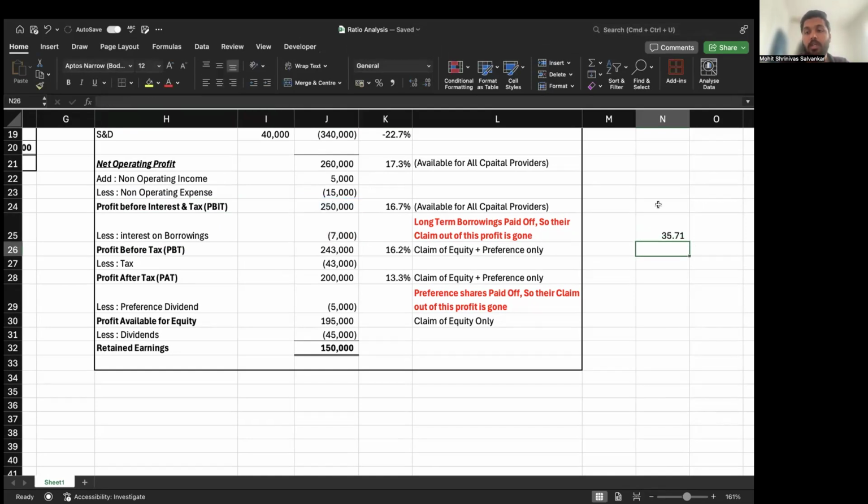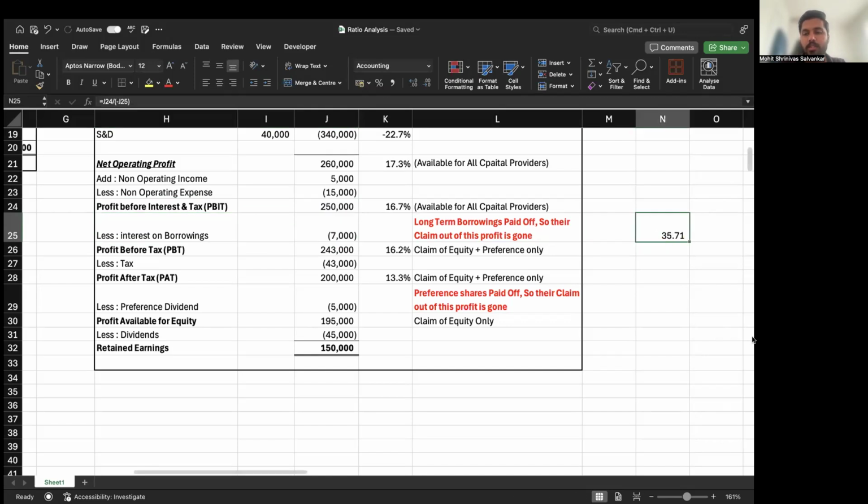So we get 35 times, which means with the profit we are earning, we can pay interest 35 times, which is way too high compared to a regular one, which means the company is in a very healthy position. The financial risk for this company is very low.